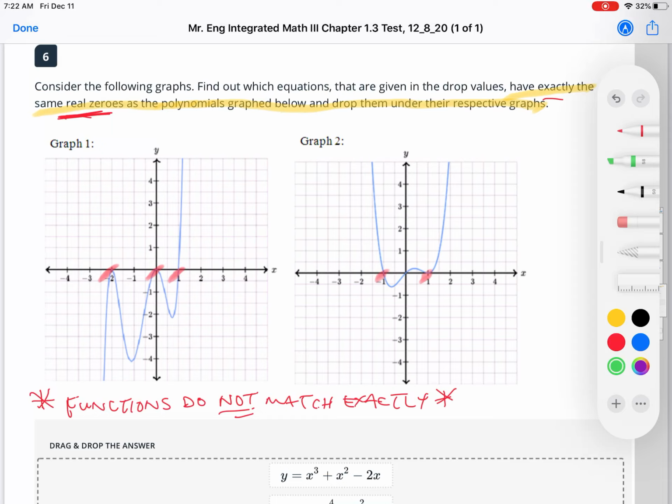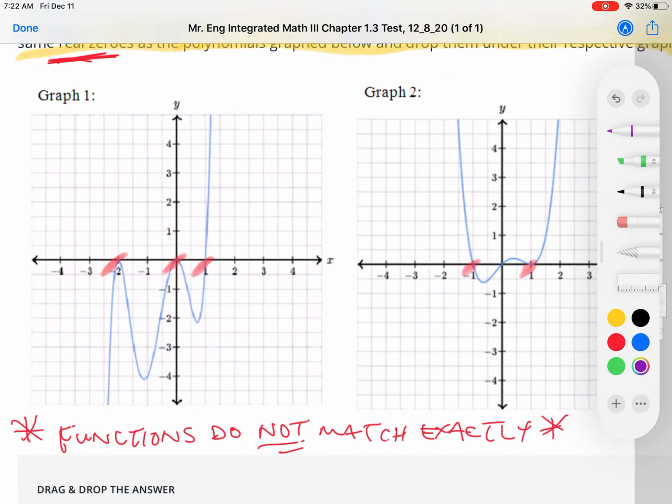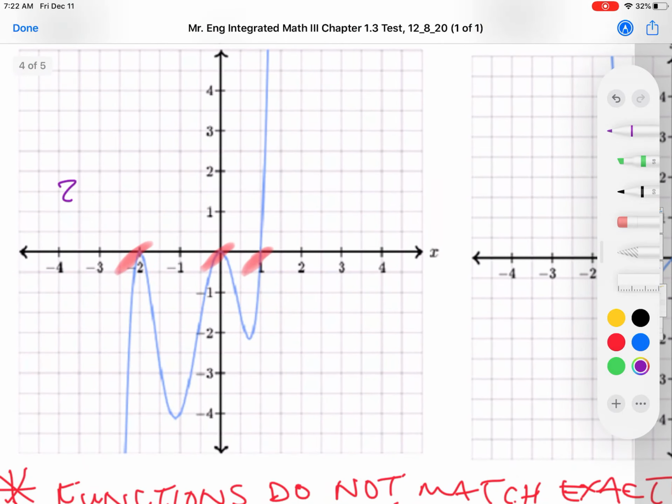This one has zeros. We just reviewed that. This one has zeros where x is equal to -2, x is equal to 0, right here, here, and x equals 1. Okay? Has those 3 exact zeros, 3 zeros.